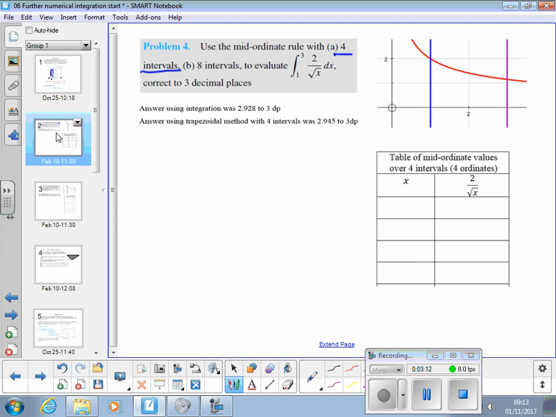So what are the values of the mid-ordinates? How do we find out what the first mid-ordinate is?